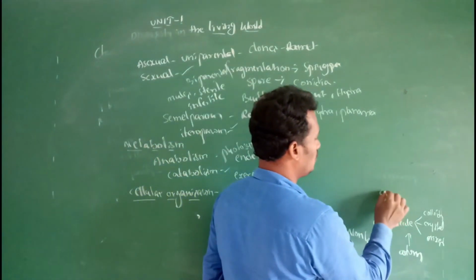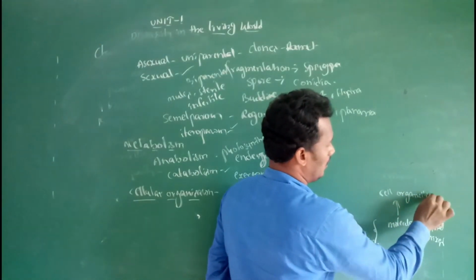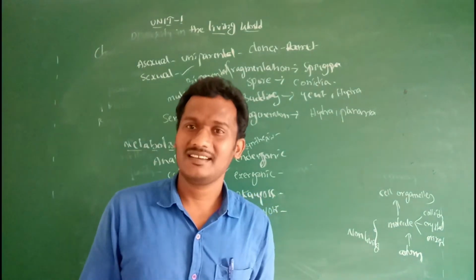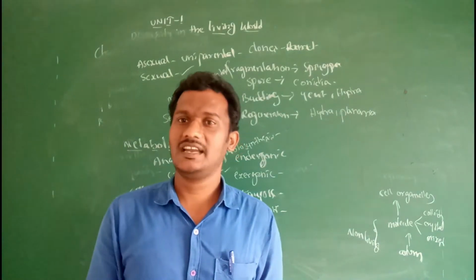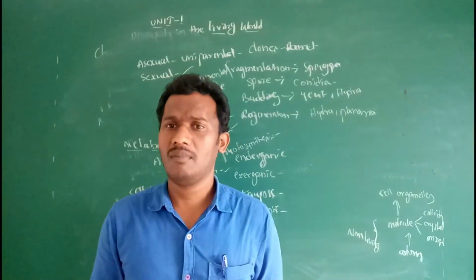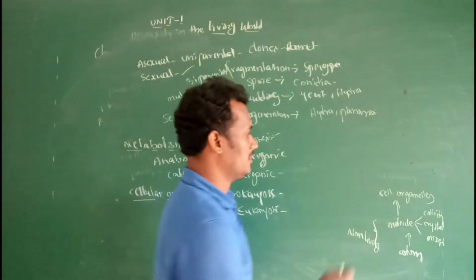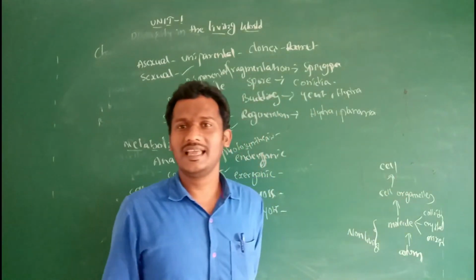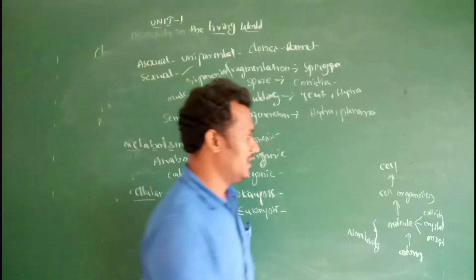These two levels are non-living. Then molecule to cell organelles. Cell organelles are present inside the cell, membrane-bound structures, in both unicellular and multicellular organisms, especially eukaryotic organisms. Then cell organelles and the cell are in a living condition.